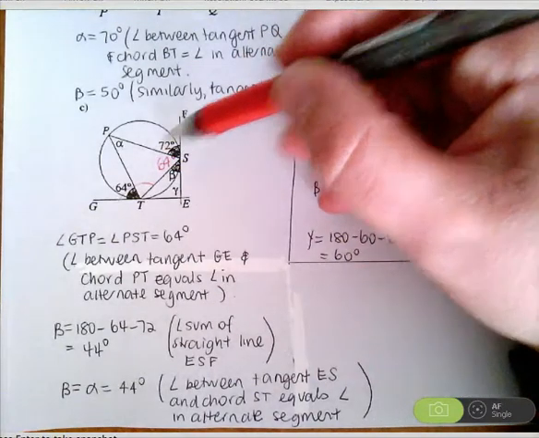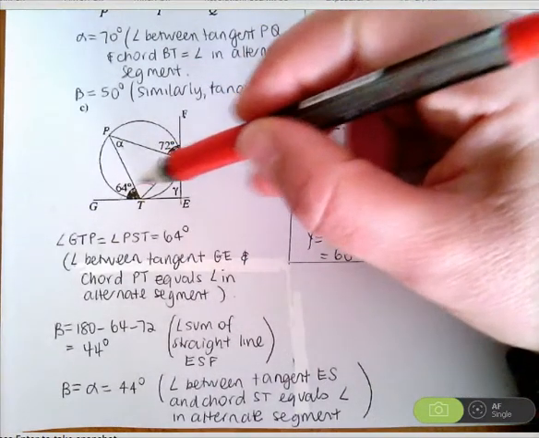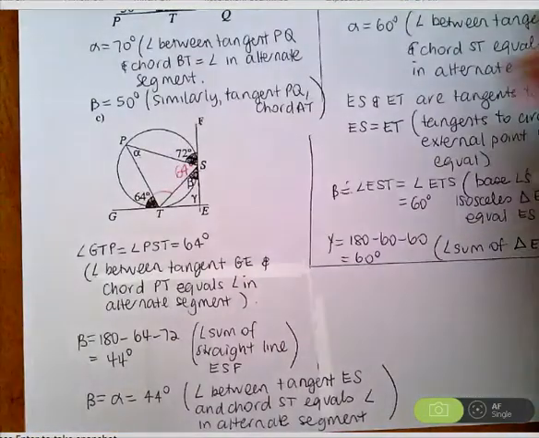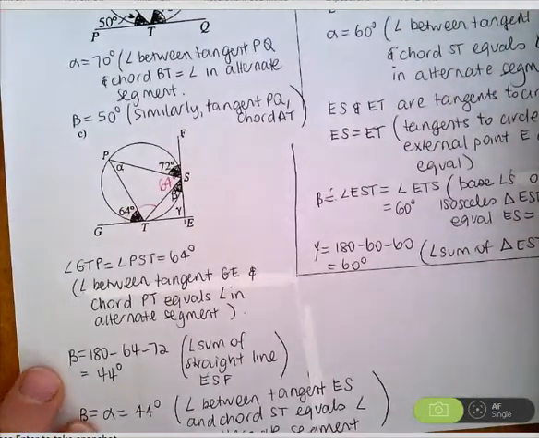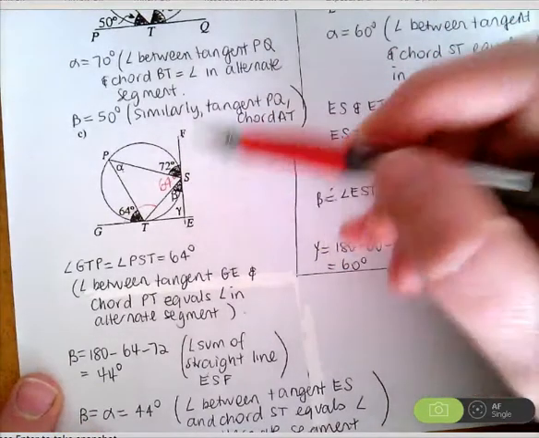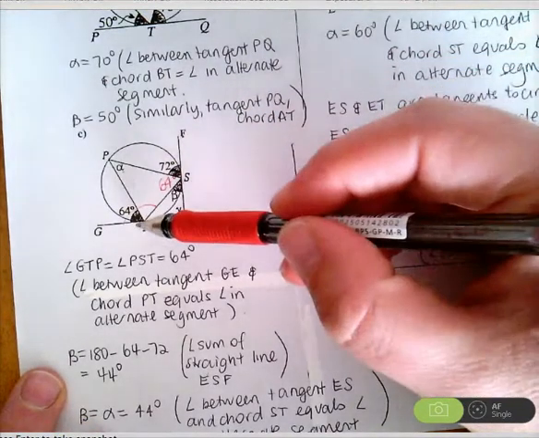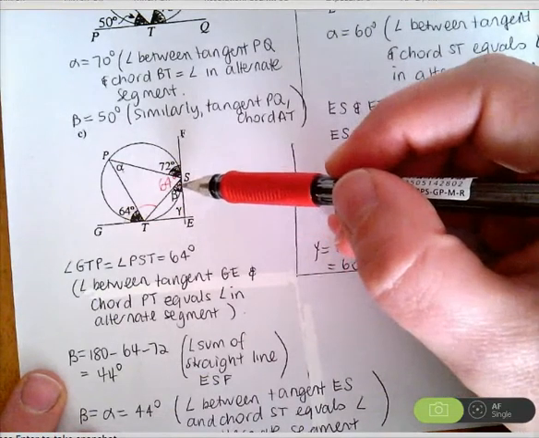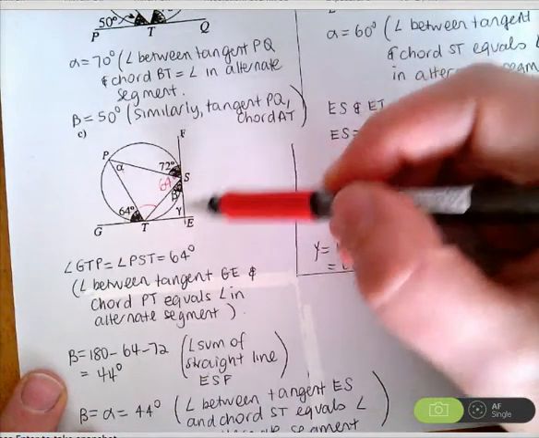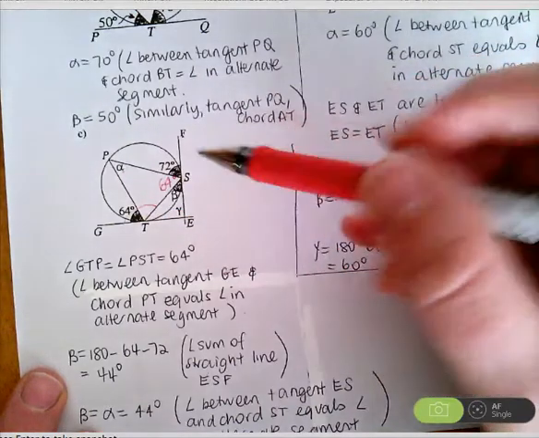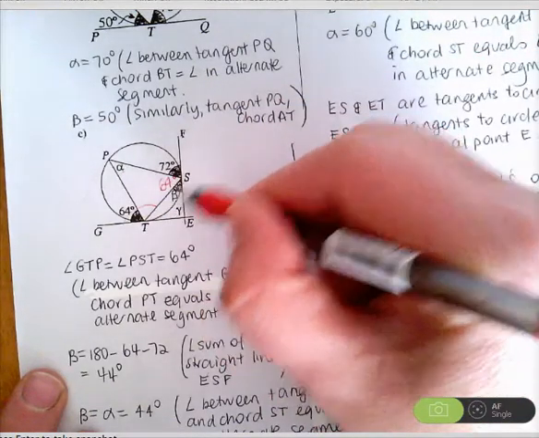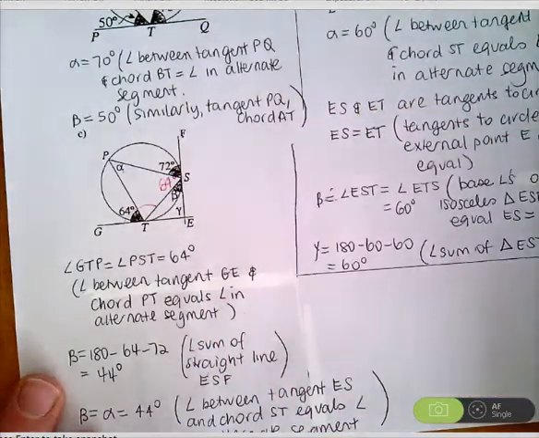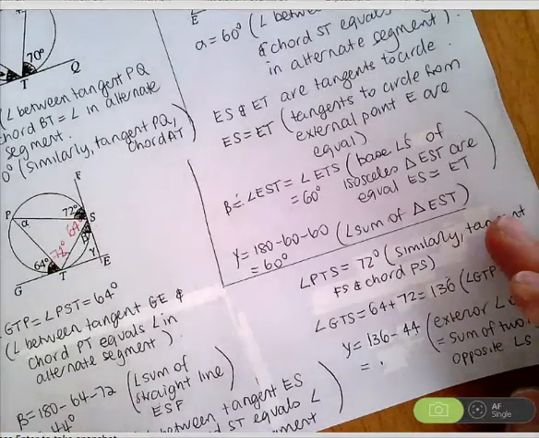We can also say that this angle 72 here equals this one in here, 72, because angle between tangent and chord equals angle in the alternate segment. We can also say that SE is equal to TE because tangents from an external point to a circle are equal. So angle beta equals angle STE, base angles of isosceles triangle, and then work out gamma by angle sum of triangle. So there are so many ways.